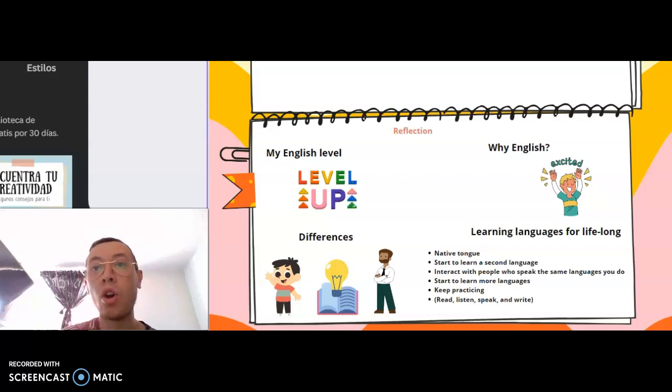All right. So I will say also that using your native tongue and also using the foreign language will help you to understand the difference between those languages. So even though we start learning our native tongue when we are children, we're going to continue achieving some goals through our life.